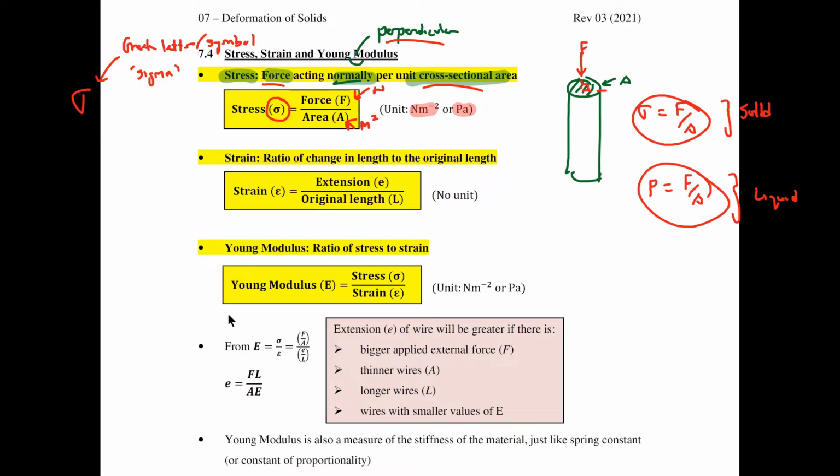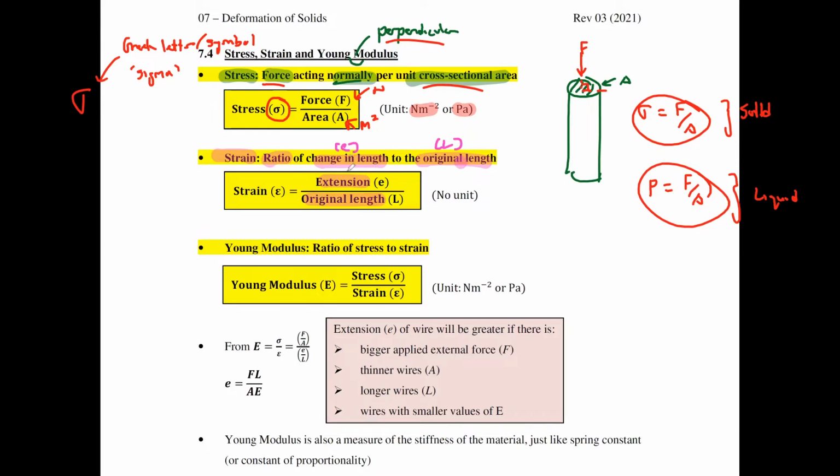Another quantity that you will need to know is what we call strain. Strain is the ratio of change in length to the original length. Change in length here is e, original length here is L. Here I wrote it as extension over original length.